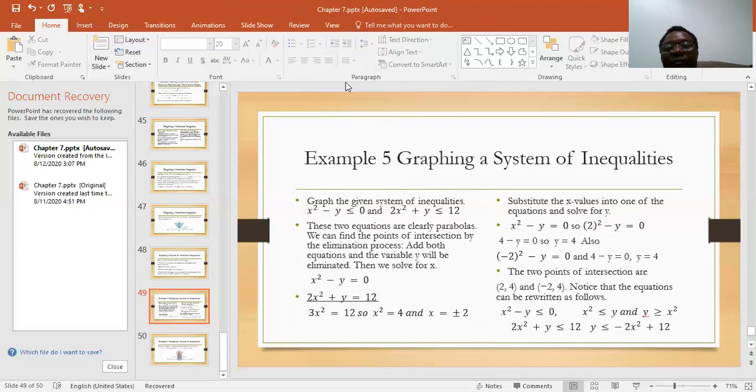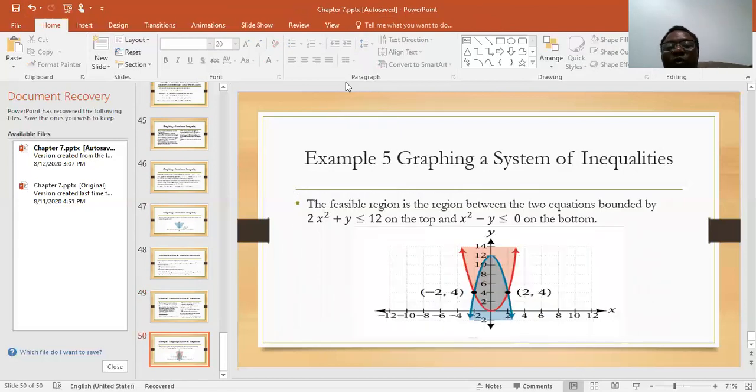Essentially, you can graph both equations, and then determine the region where all the solutions are. We can partition the plane into several regions and test a point from each of the regions.